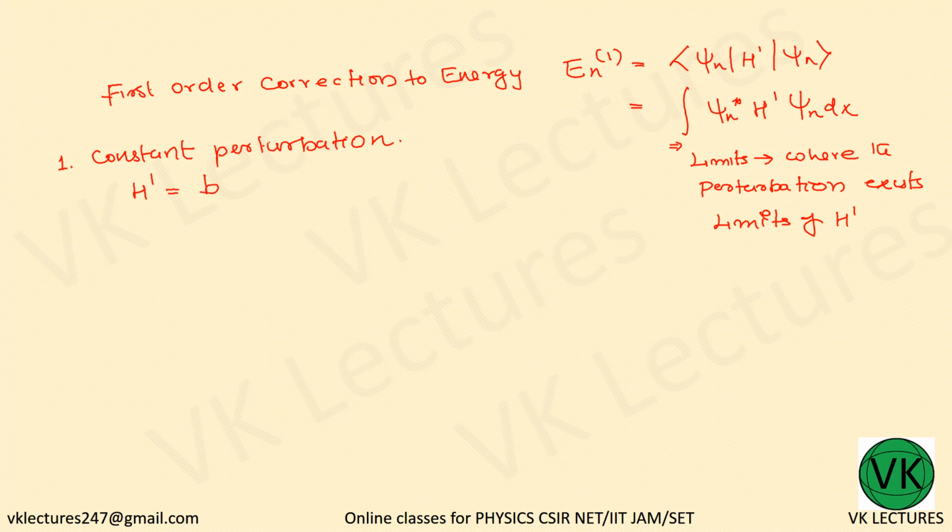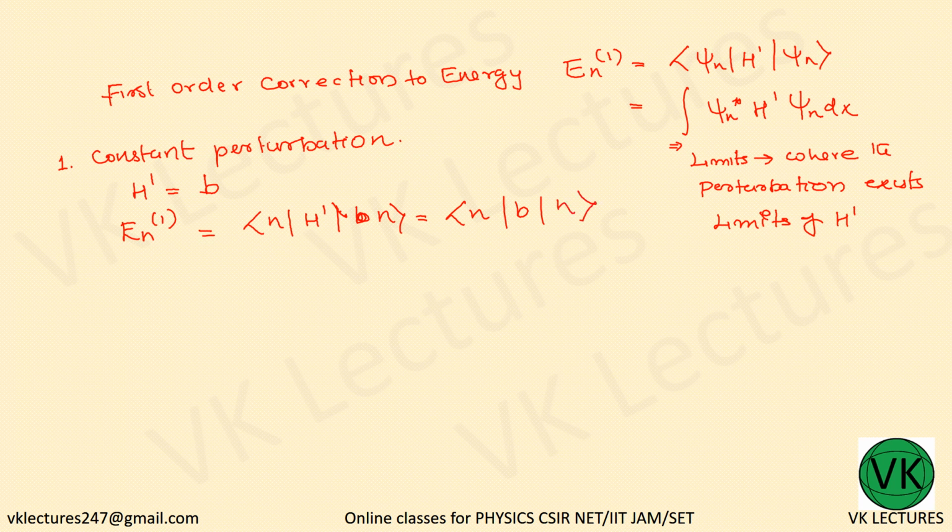Then the first order correction En of 1 is equal to n h dash n, which is equal to n b n, because we know that h dash is equal to b.